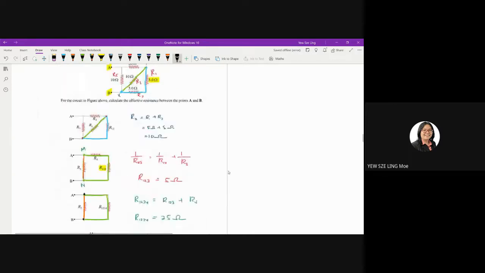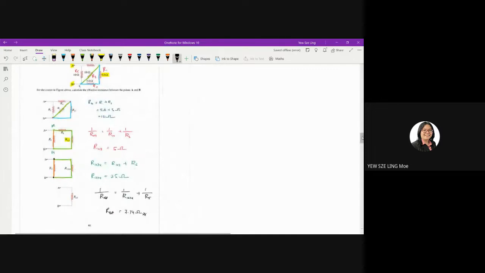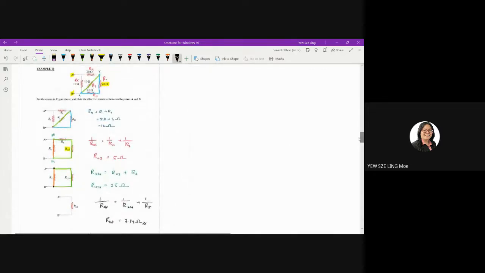As you can see here, the method that you use to simplify it is exactly the same as the one that you use in chapter 2. That's why I keep telling you guys, chapter 2 and chapter 3 are very, very similar. It doesn't matter whether you're looking at the capacitor and resistor or you're looking at the circuit.